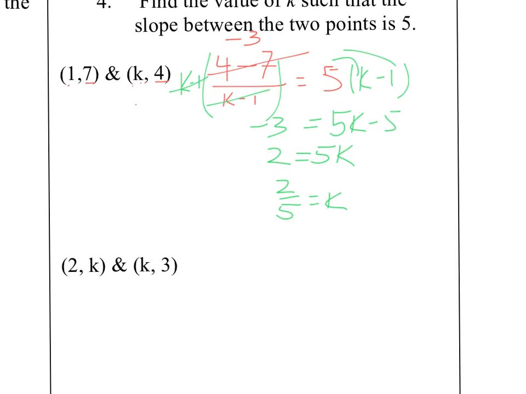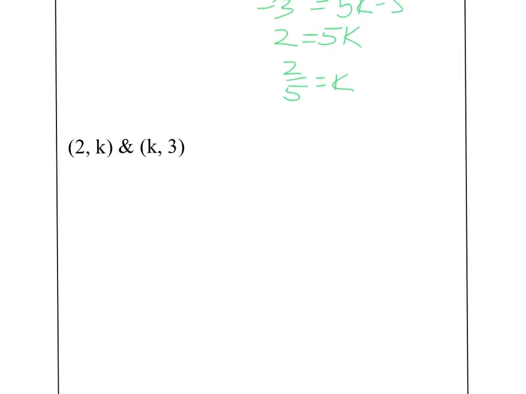That's our first one. For our second one, we're doing the same thing and attempting to find the same slope. So we're going to do 3 minus k, divided by k minus 2. Oh, that's a little bit different. Equals 5. And I'm going to do the same thing, multiply both sides by k minus 2 to get whatever's on the bottom out.